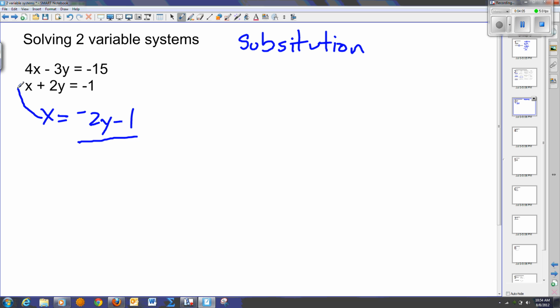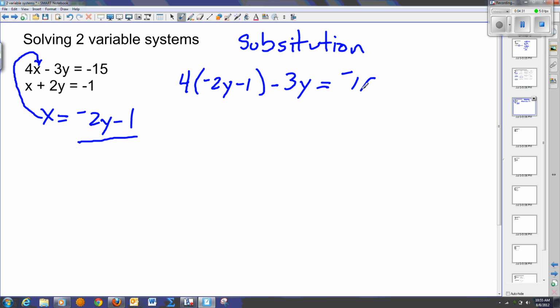Well, I see an x in my upper equation right here, so I'm going to rewrite that. I'm going to say 4 times, instead of x now, negative 2y minus 1, subtract 3y, and set that equal to negative 15.